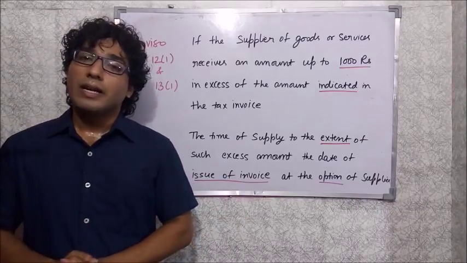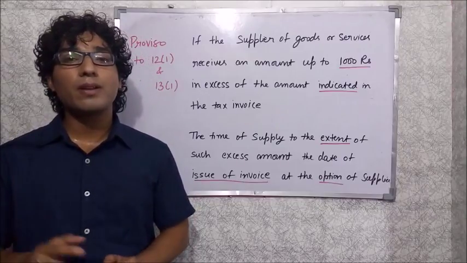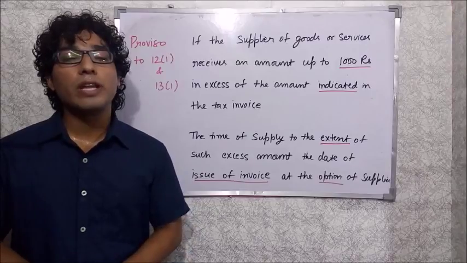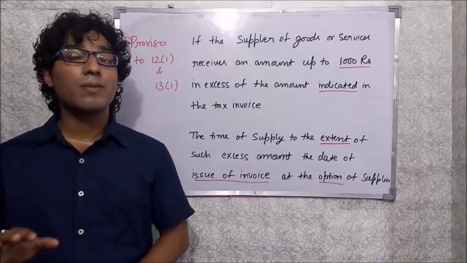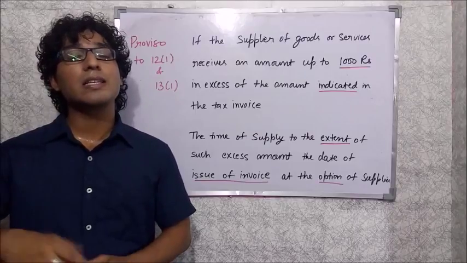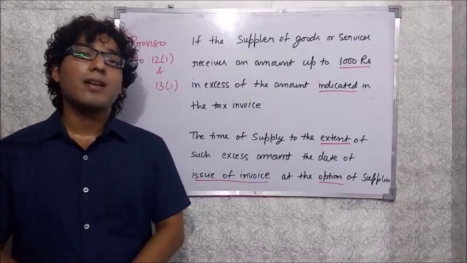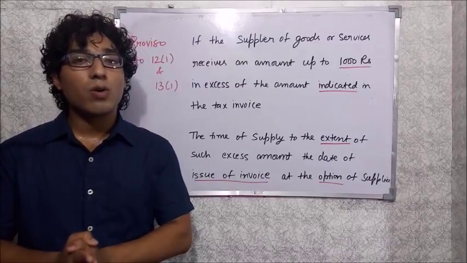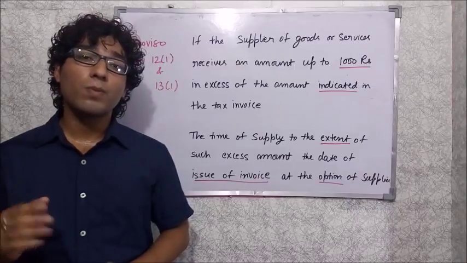So the supplier has the option to deem that the time of supply in respect of those advances will be the date of issue of invoice instead of the date of receipt of payment.